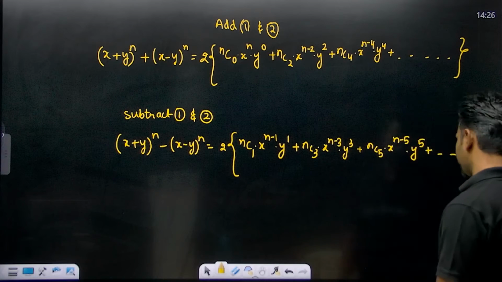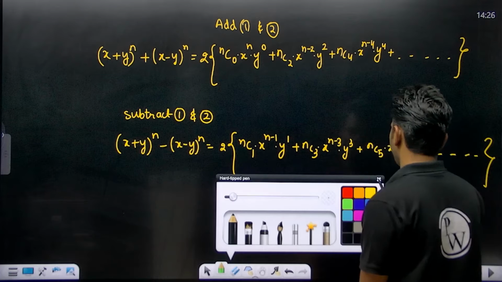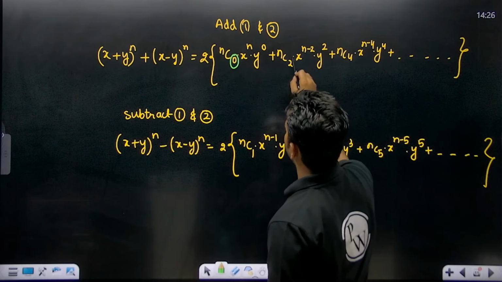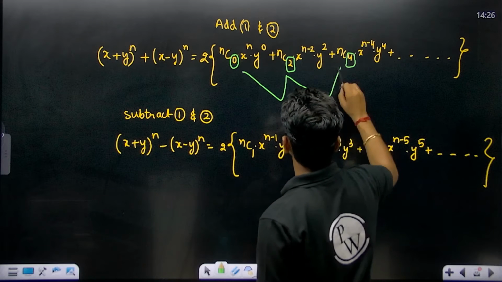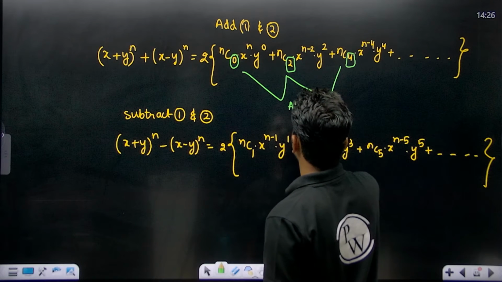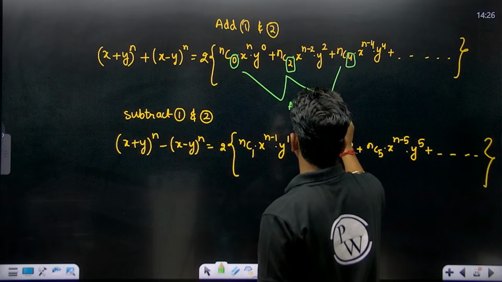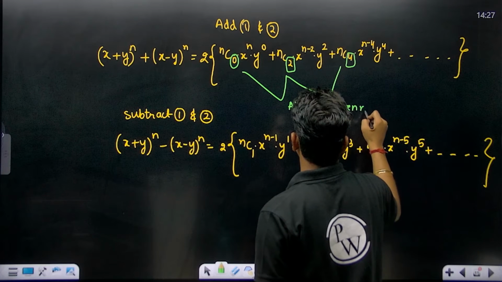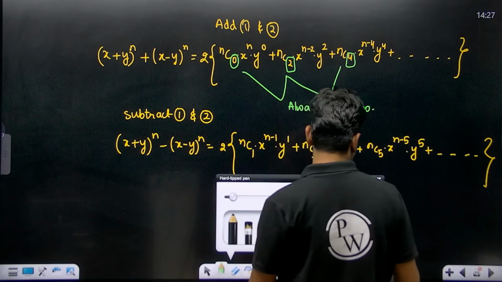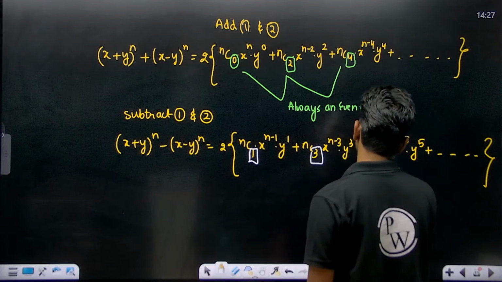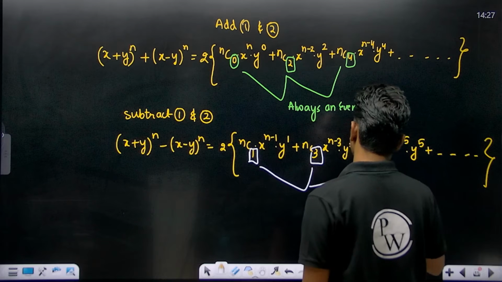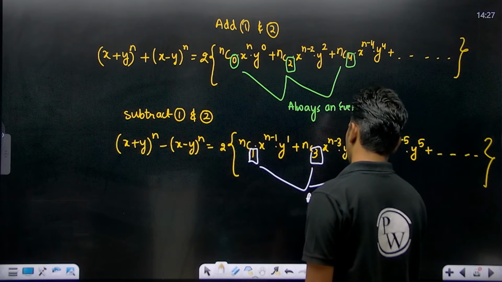Now what are the things to notice over here? Every time the subscript of C is coming out to be an even number, always an even number. Whereas if you see the subscript of all these terms, over here the subscript is always an odd number.